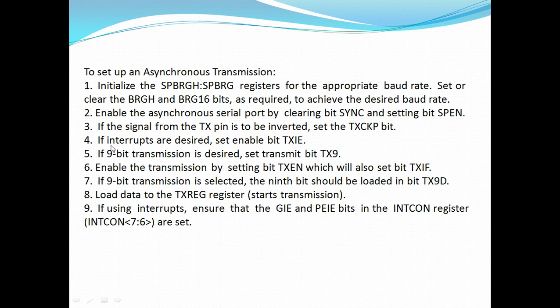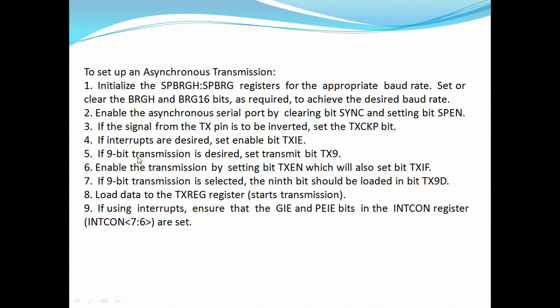If we want to generate a serial interrupt, then we have to enable the TXIE bit, which is the transmission interrupt enable bit. If we want to generate an interrupt in serial mode after reception or transmission of data, then we need to select these RXIE and TXIE bits.